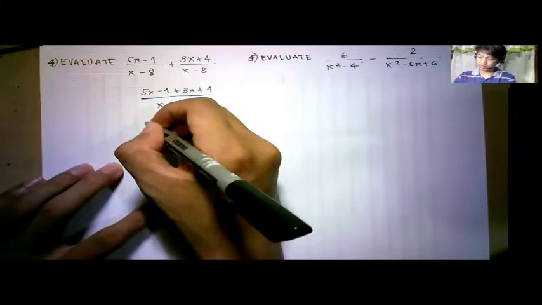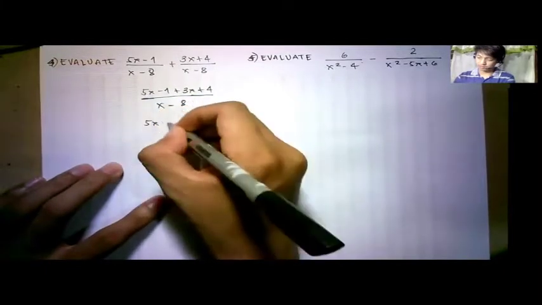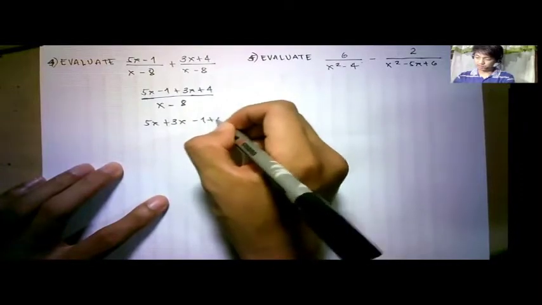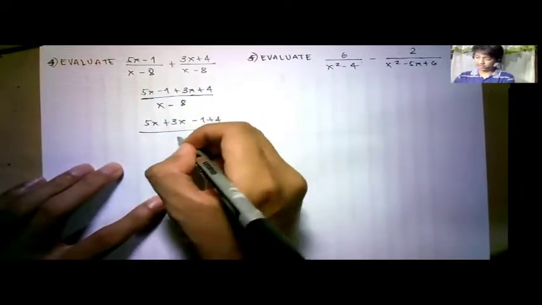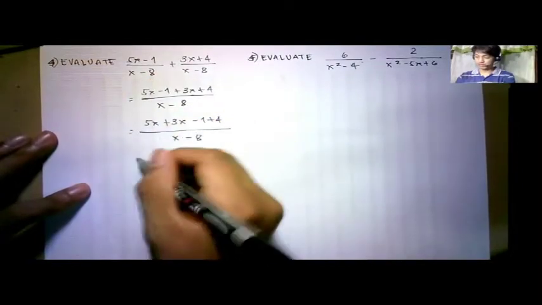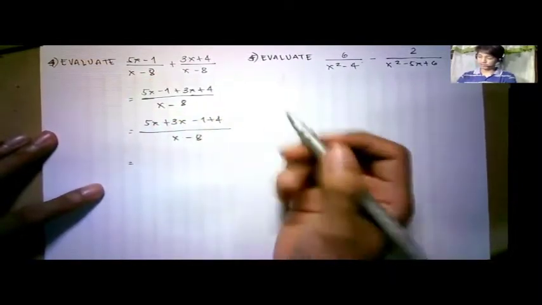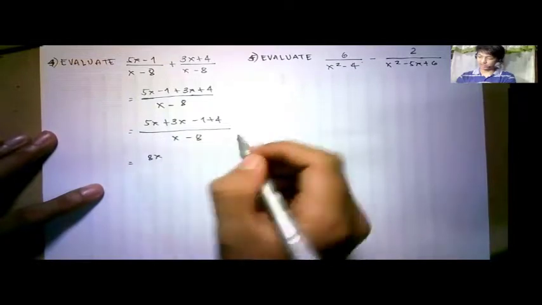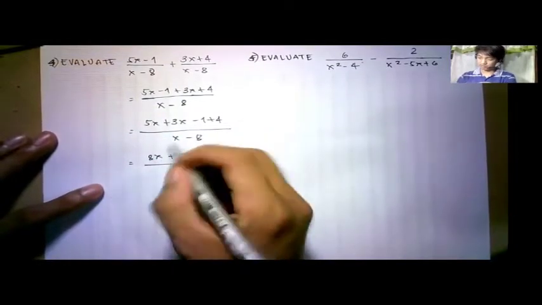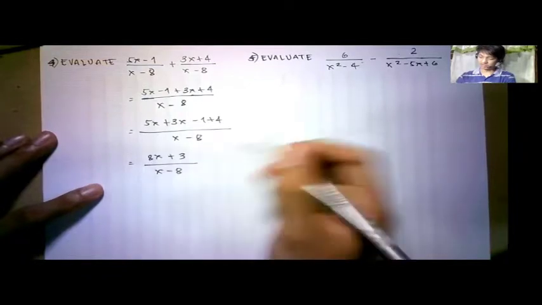So we are going to do 5x plus 3x minus 1 plus 4 all over x minus 8. Okay? Is equal to 5x plus 3x, that will give you 8x, then -1 plus 4, that will give you +3 all over x minus 8.